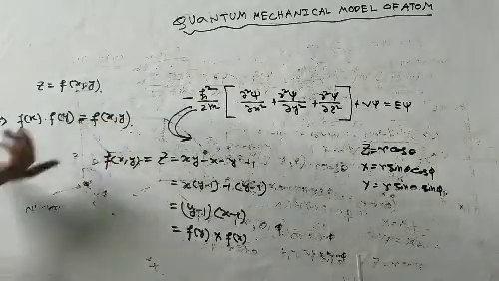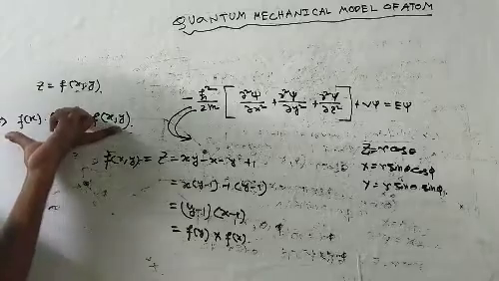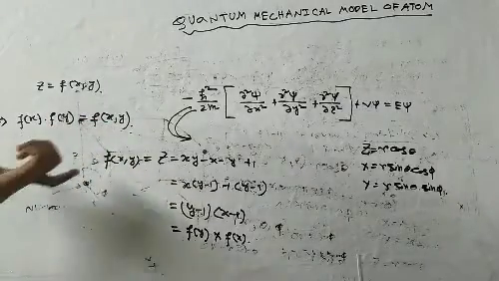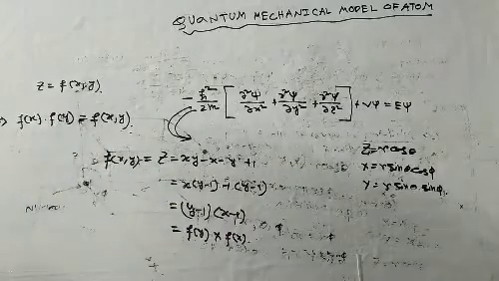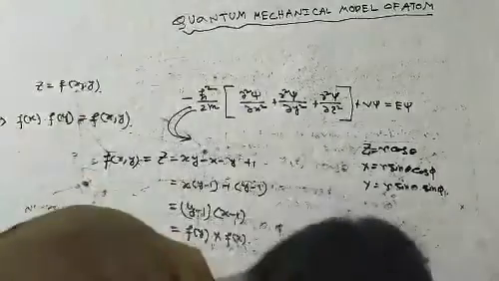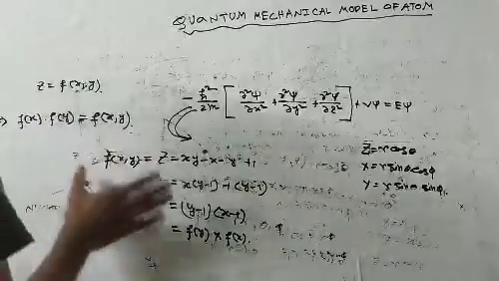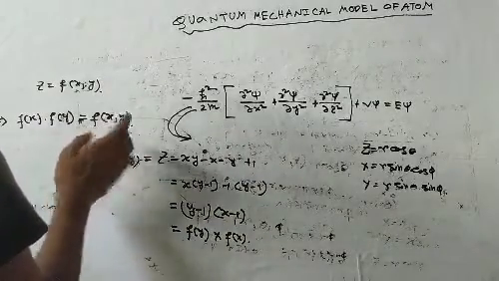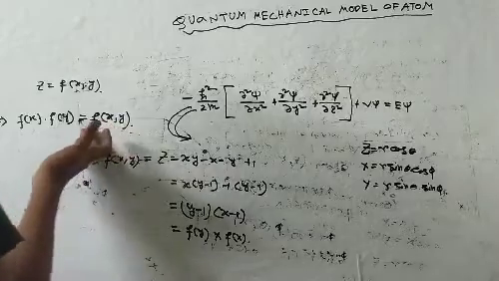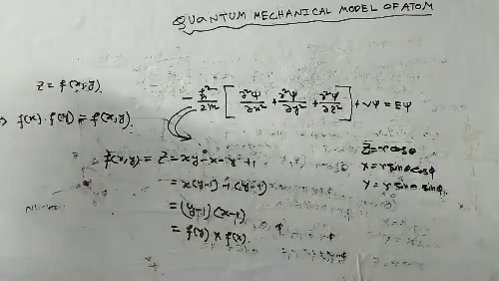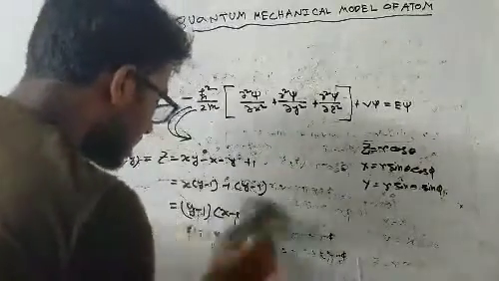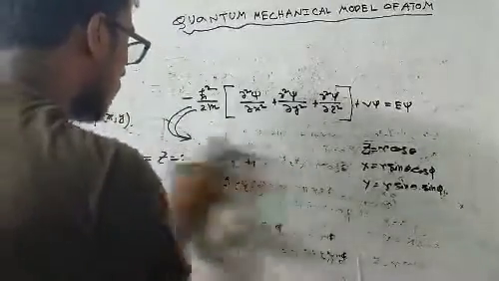This is called separation of variables. But this is not always applicable. Not all functions show this property. From this example, it's clear that the function of x comma y can be written as function of x into function of y. I will just use this property in the case of the wave function.